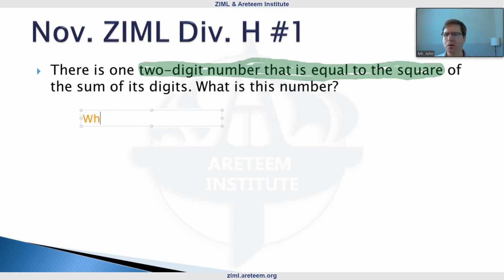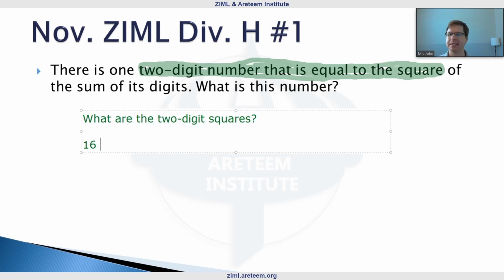So we can start with the question, what are the 2-digit squares? Which numbers that have 2 digits are perfect squares as well? You could just start listing these out. We have 16, then 25, then 36, then 49, then 64, then 81. And just to remind ourselves, where are these coming from?